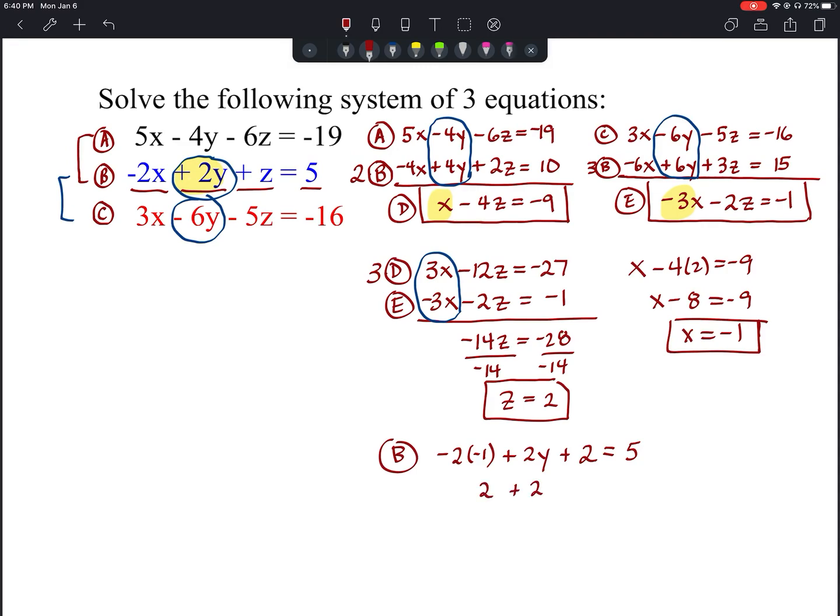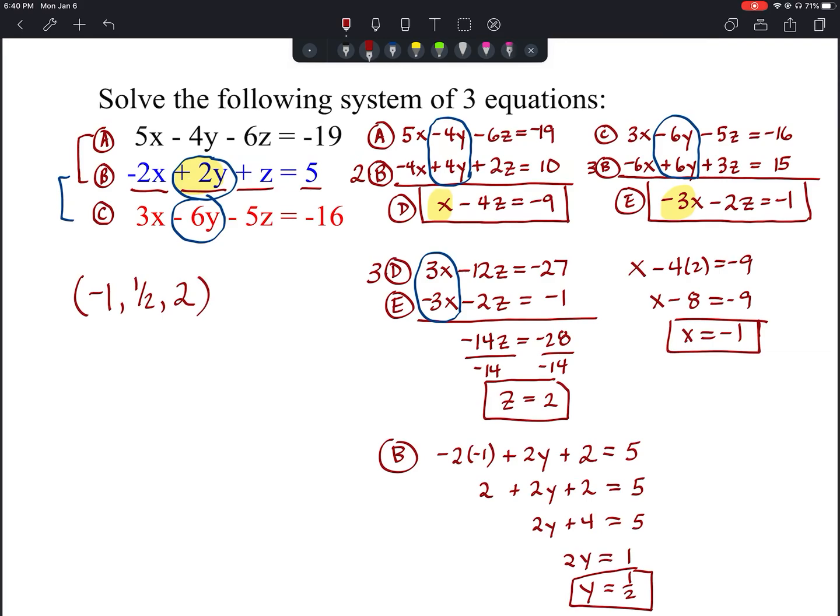So 2 plus 2y plus 2 is 5. So 2y is equal to 1, so y is going to equal 1/2. So for this one, it looks like our ordered triple is going to end up being negative 1, comma, 1/2, comma, positive 2.